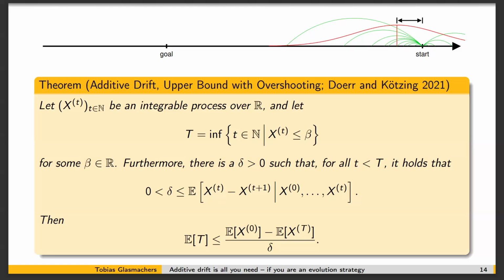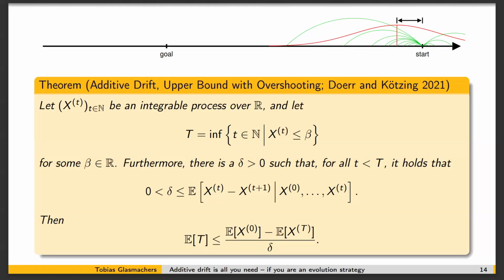So think of a sequence X, where t is the iteration index of your algorithm. What exactly X describes I'll get to on the next slide. For now, it's just important that we're starting somewhere on the real line. This is a process on the reals, starting at a big value, and we want to get to a smaller value. We're asking how long that takes. T is what we call our stopping time: the first time we reach the goal or go to the left of the goal.